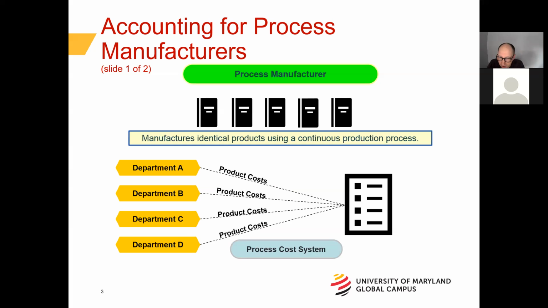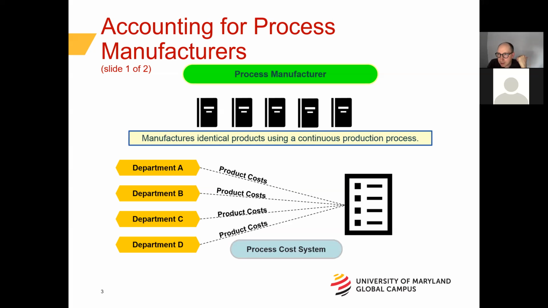And in Department D, after the ice cream is in the containers, they seal the lid and package it. They put it into the boxes and move it over into the cold storage unit, ready to be sold as a finished good.